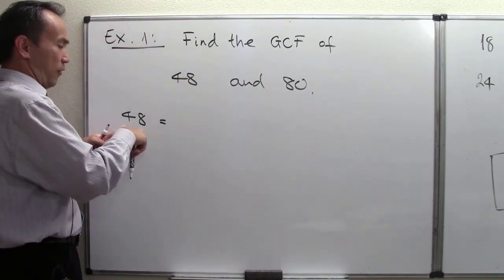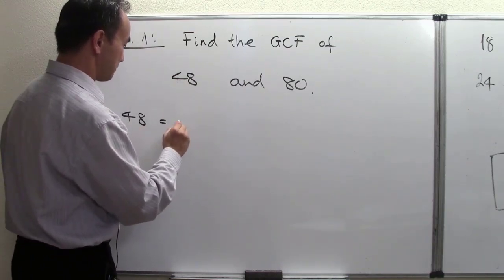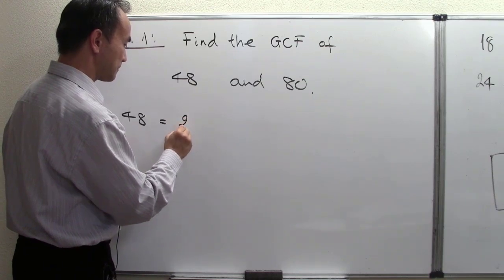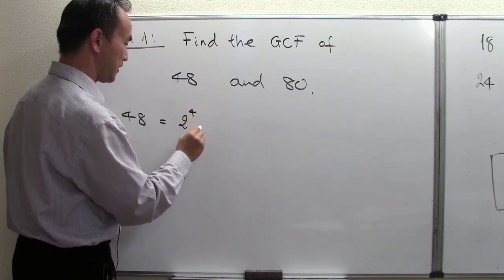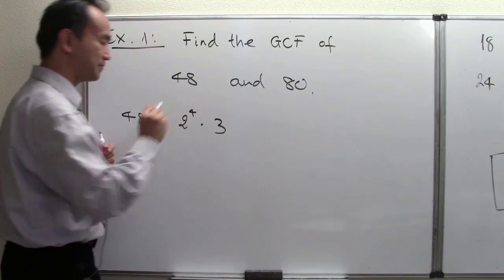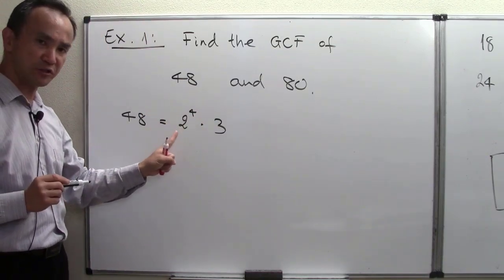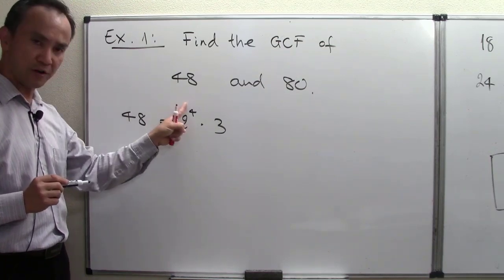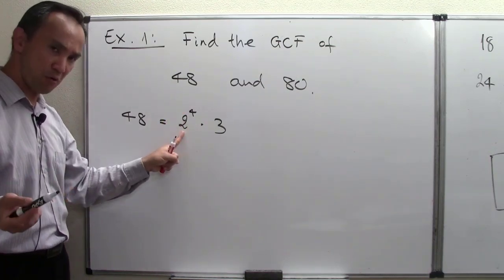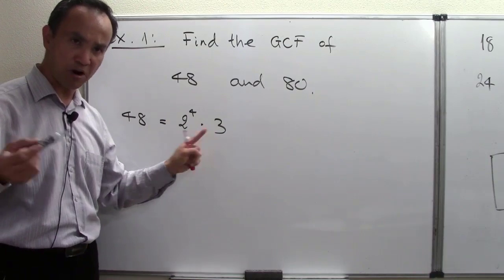So 48 can be expressed as 2 to the 4th times 3. 2 is a prime factor and 3 is another prime factor.